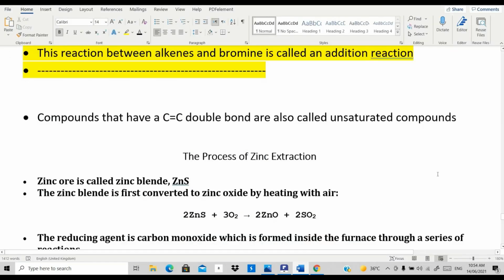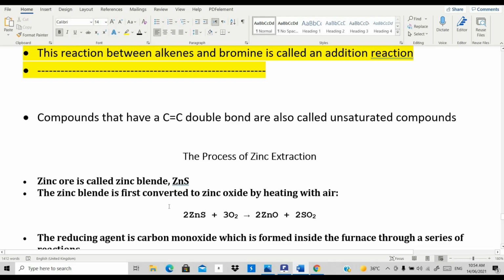Let me just check. In the process of zinc extraction, you need to be familiar. It's related to the chapter extraction and use of metals. You need to be familiar with the chapter. So, firstly, let me just read out the process of zinc extraction. Zinc ore is called zinc blende, ZnS. The zinc blende is first converted to zinc oxide by heating with air. Explain how zinc oxide is made from zinc sulfide. This is your answer.